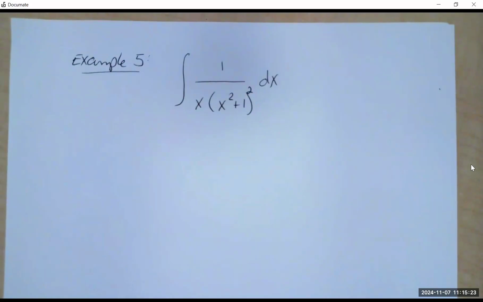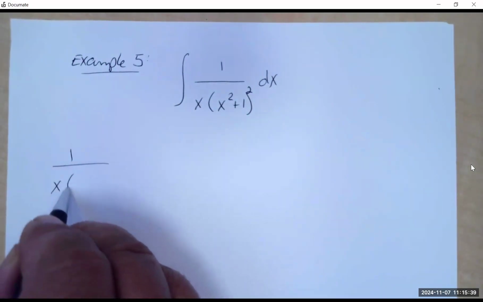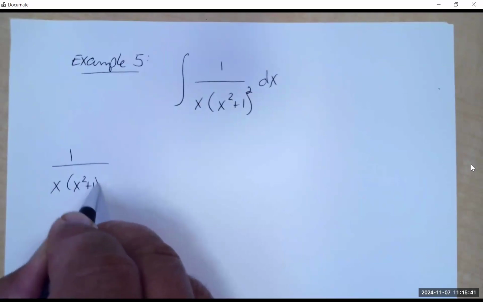So we have 1 over x times x squared plus 1 squared.